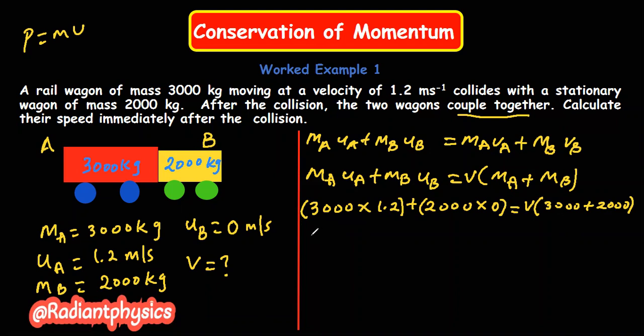We have 3,600 here plus 2,000 times 0. We don't need to punch the calculator for this, it's just 0. And then we are going to have V times 3,000 plus 2,000, which is 5,000 V. So this becomes so simple.